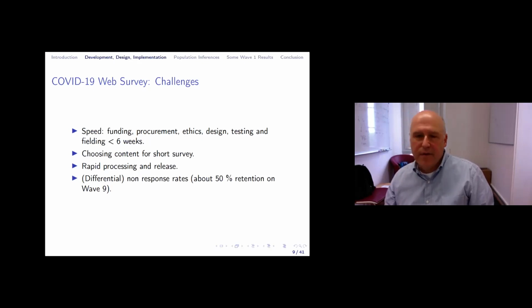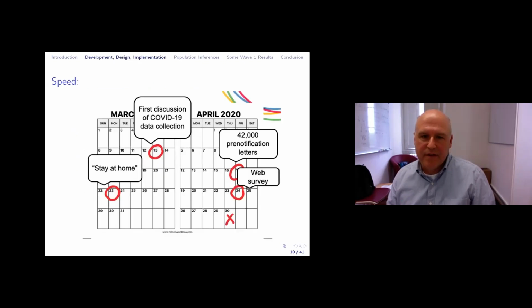As I'll describe in a bit more detail as we go along, we had a response rate of closer to 50% on wave 9, the last fully complete wave of the main study. So we look at responses to this survey as retention relative to wave 9, and we're getting about 50% retention. I'll come on to say some more about that. So those are some of the big challenges that we faced in doing that.